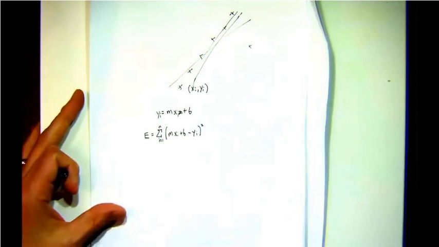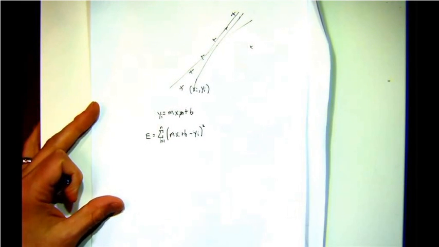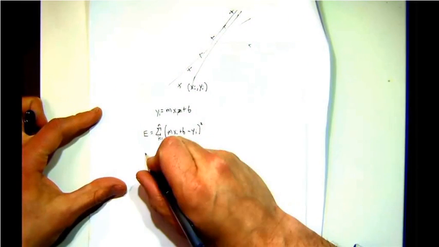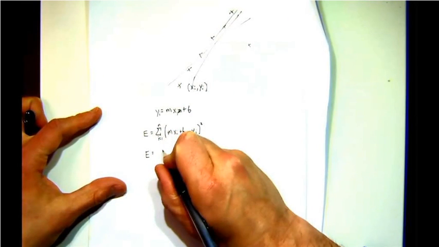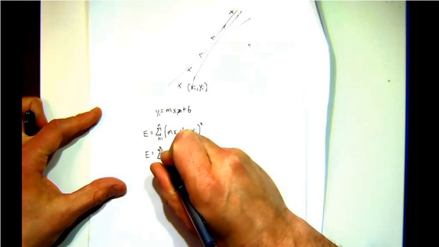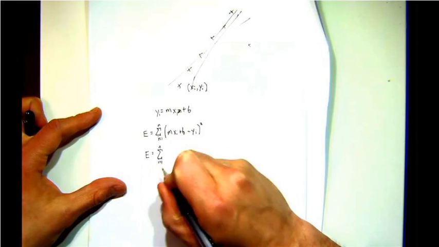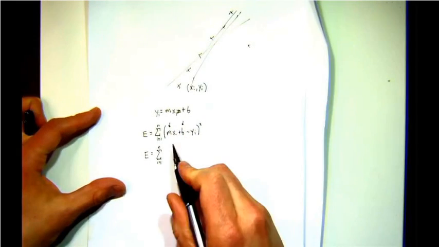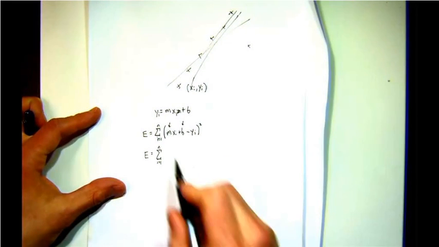So, the first thing I usually want to do is write this in matrix form. I want to separate out the variables that I'm solving for, which in this case are m and b. The slope and y-intercept are my unknowns, and xi and yi are my knowns. They're the points. I'm given a set of points, and I want to solve for the line parameters.